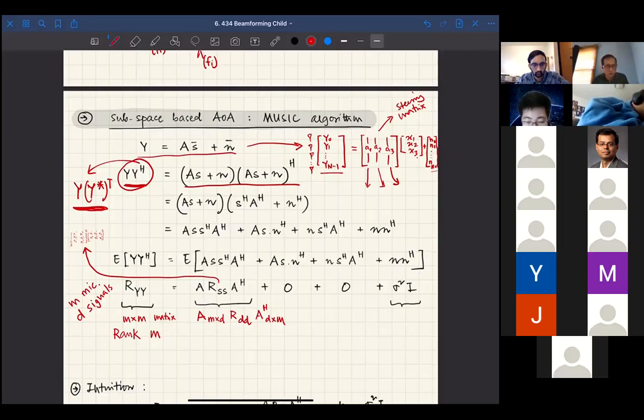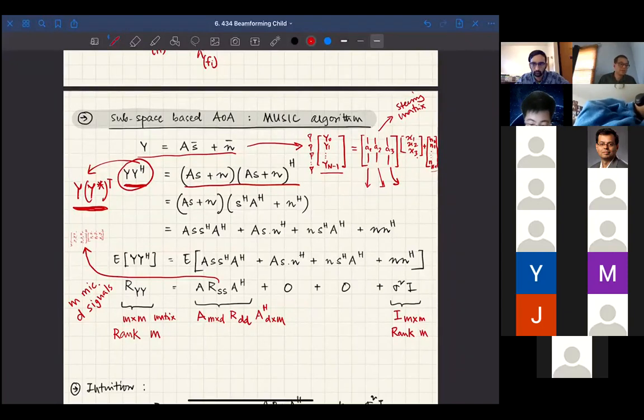And what should this matrix be? This matrix I is M cross M, and it's multiplied by a scalar, which is sigma square. And this matrix is rank how much? Matrix I of M cross M is what rank? M. Very good.